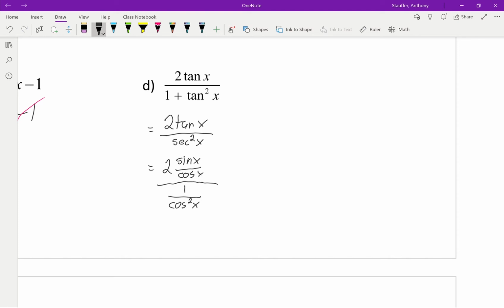And then that is going to equal, and I'll leave the 2 on top with the sine x, all over cos x. And then what we're going to do is divide that by 1 over cos squared x, which will then give me 2 sine x all over cos x.